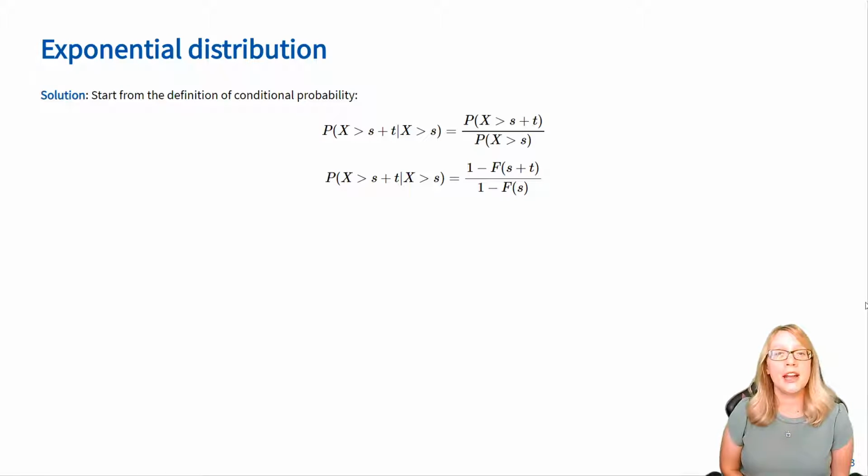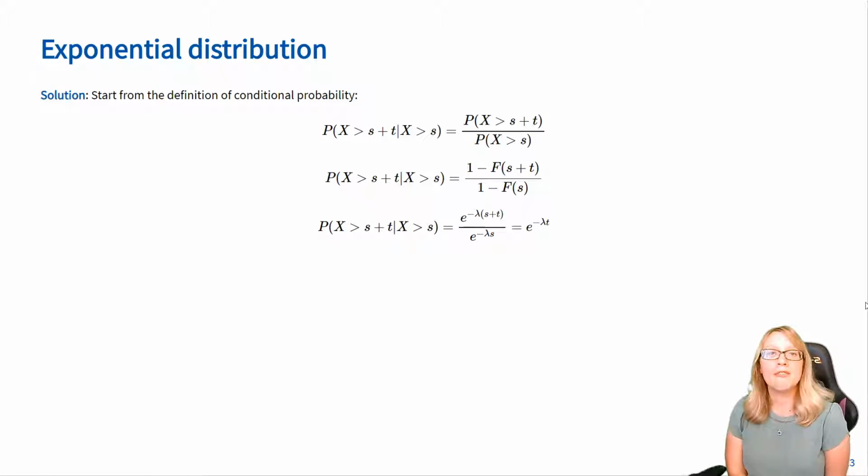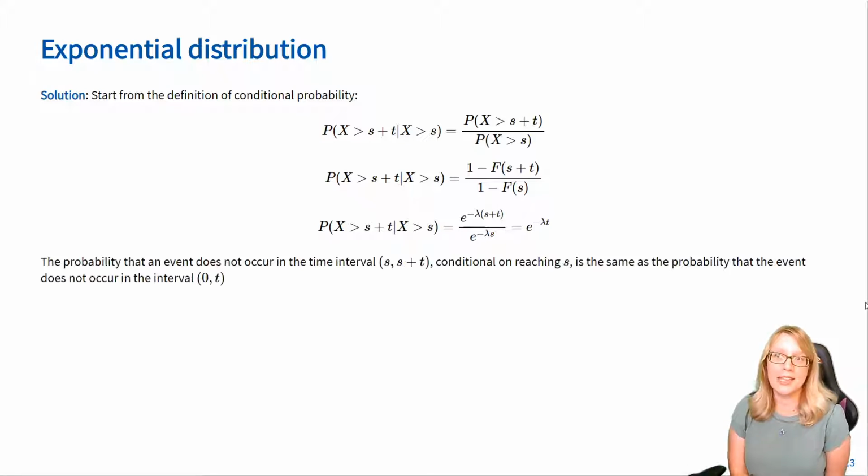We'll use the CDF here to help us find those probabilities. So it's 1 minus the CDF evaluated at s plus t, divided by 1 minus the CDF evaluated at s. We then get e raised to the negative lambda times the quantity s plus t in the numerator, and in the denominator e raised to the negative lambda s power, so we get e to the negative lambda t. Here's what this really tells you.